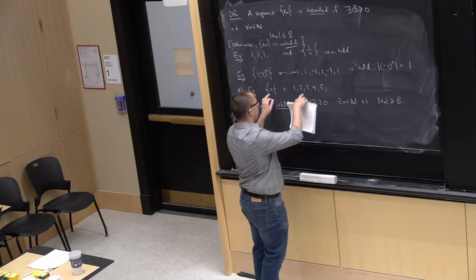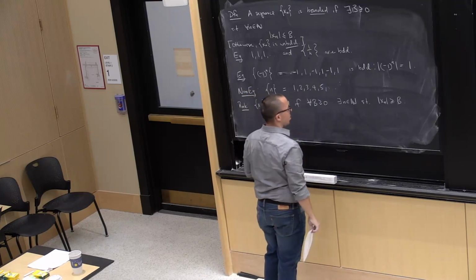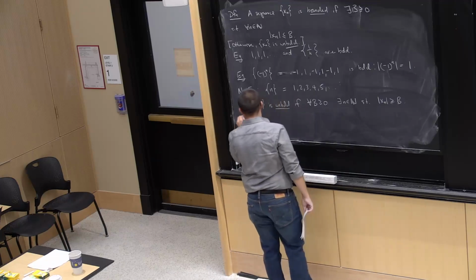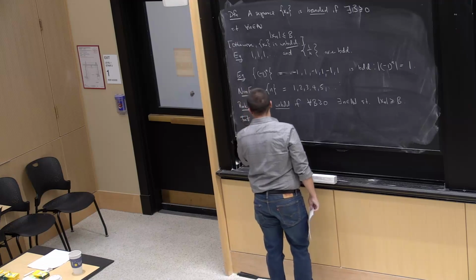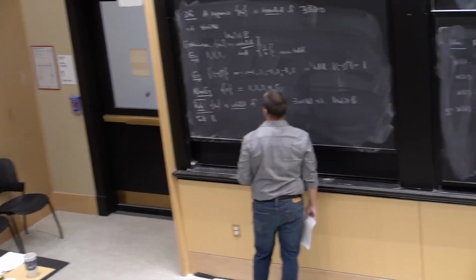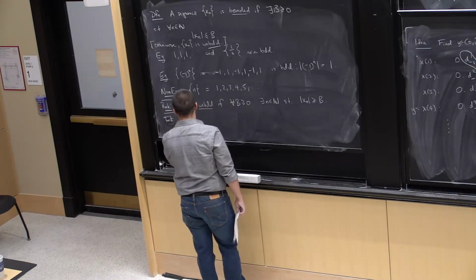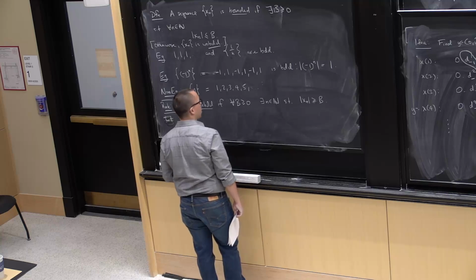Why is this set unbounded? Because of the Archimedean property, right? So now I'm giving you a little short proof on why this sequence is unbounded. Let b be bigger than or equal to 0.